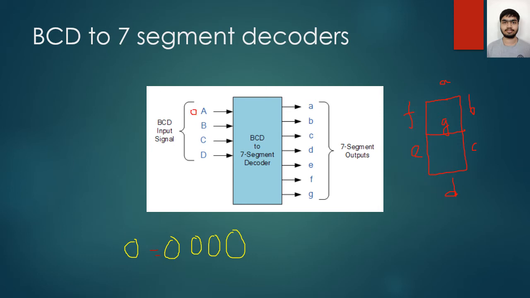So if the input is 0000, our output should be 1, 1, 1, 1, 1, 1, and 0, as G should not be lighted. Similarly for 1, the representation will be 0001, and now only B and C should be lighted, so only B and C should be 1, the rest should be 0.